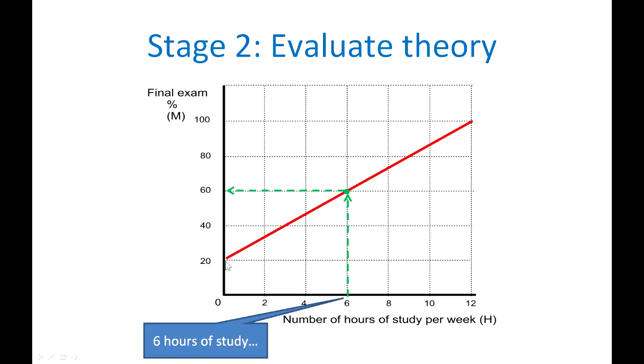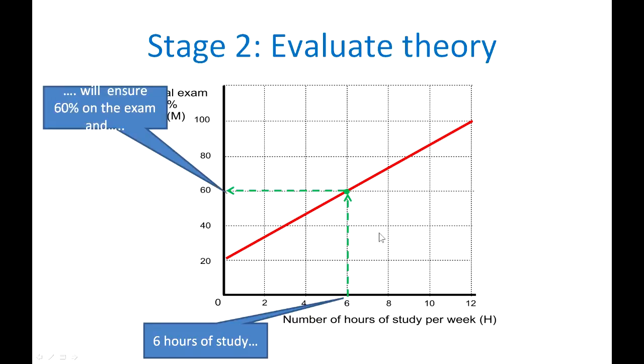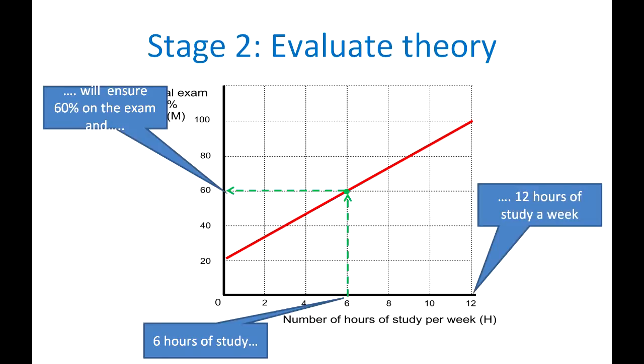Some of it is simply from those other factors, and then there's going to be a gain above that due to the number of hours of extra study. So that 6 hours will guarantee 60% on the exam. If the student does 12 hours, then our theory is suggesting that they can get full marks.